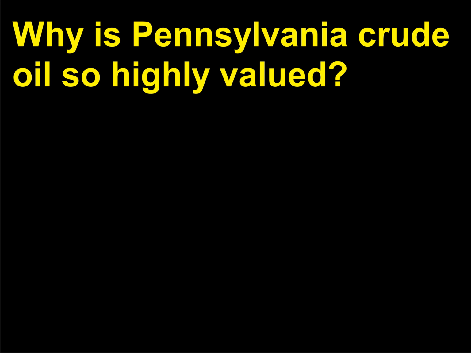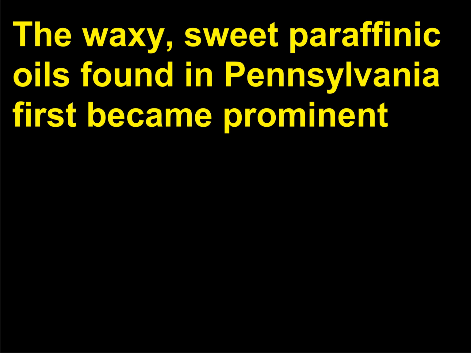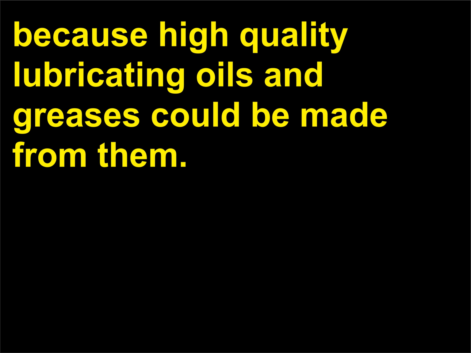Why is Pennsylvania crude oil so highly valued? The waxy, sweet paraffinic oils found in Pennsylvania first became prominent because high-quality lubricating oils and greases could be made from them.